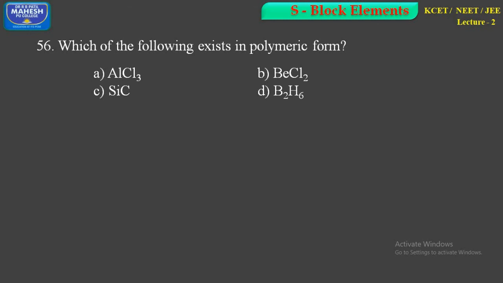Question 56. Which of the following exist in polymeric form? Option A, aluminium chloride. Option B, beryllium chloride. Option C, silicon carbide. And option D, diborane.